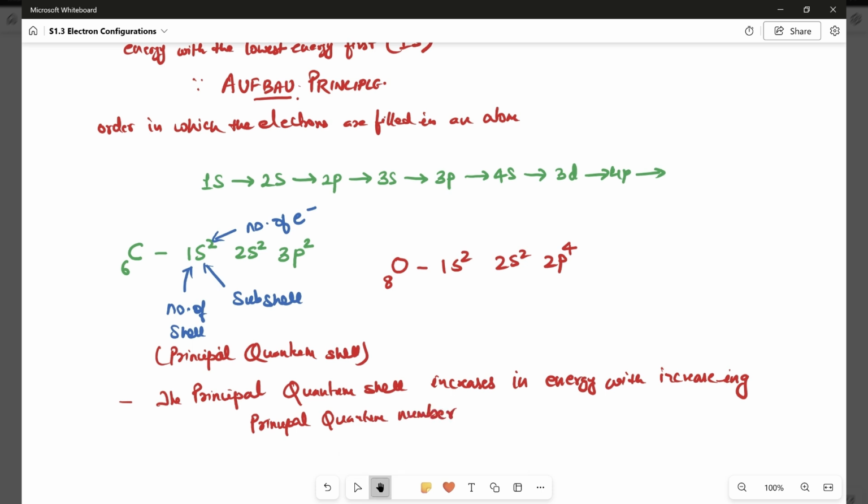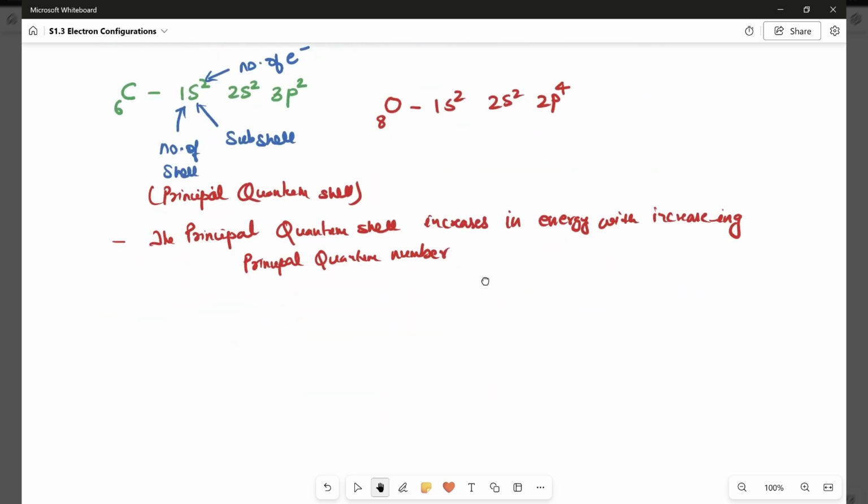Let me go up. So examples like, let's say, if I compare n equal to 4, so 4 is on the outer side of the shell, right? So n equal to 4 is higher in energy than n equal to 2.